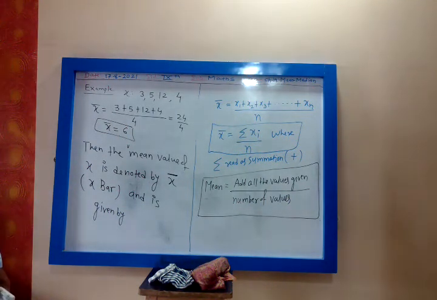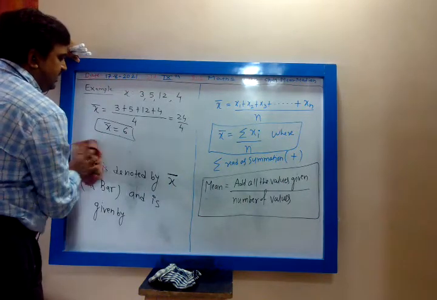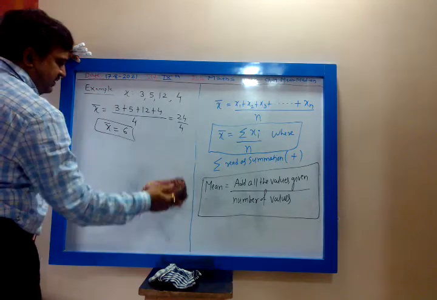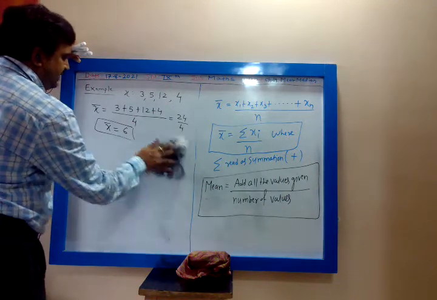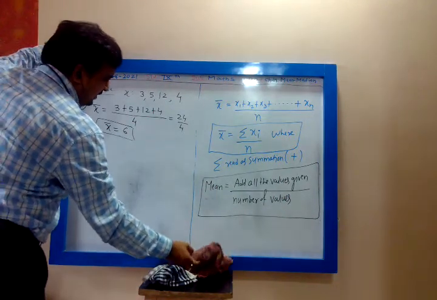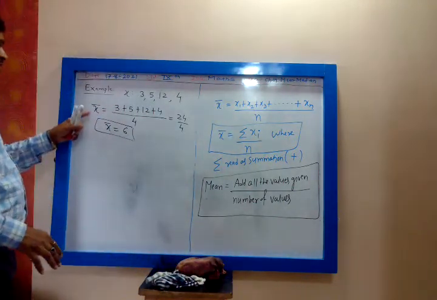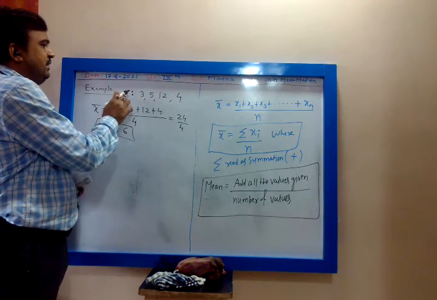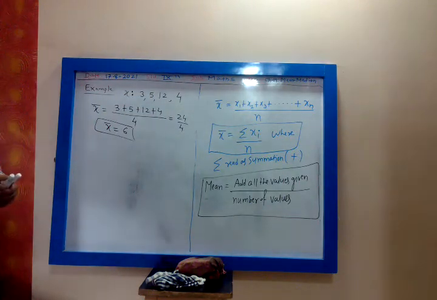So there is no need to arrange the data in ascending or descending order for mean value. We just add all the values of x and then divide this total by the total number of values given. Based on this we have exercise 19a.